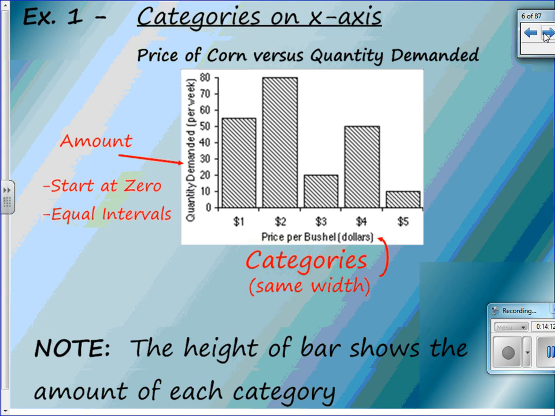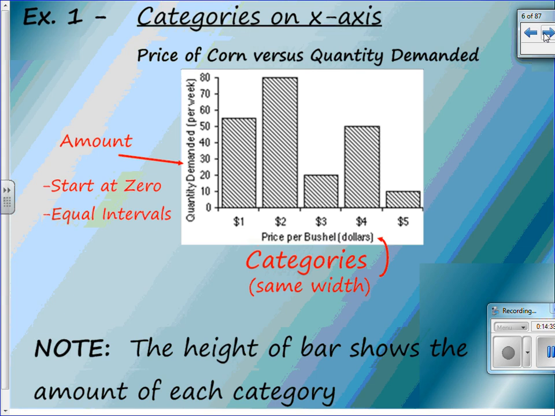So this crop, if it costs $1 per bushel, the demand, so that means the amount that's being bought from them, is 55 per week. At $2, if that's how much the crop costs per bushel, the demand was super high. It was 80 per week, and then you can see how it changes depending on the cost.